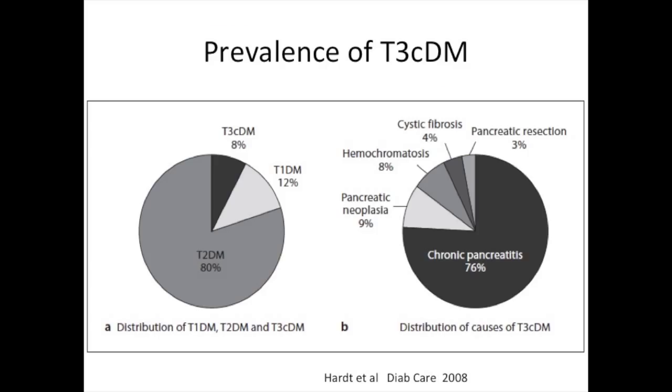Well, what's the prevalence of type 3C diabetes? Very interesting study done by Philip Hart and his colleagues at the University of Gießen in central Germany. Very meticulously analyzed almost 2,000 diabetics that were referred to both inpatient and outpatient clinics and care at their academic medical center.